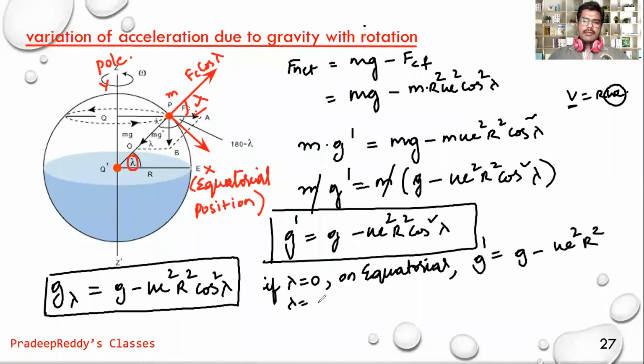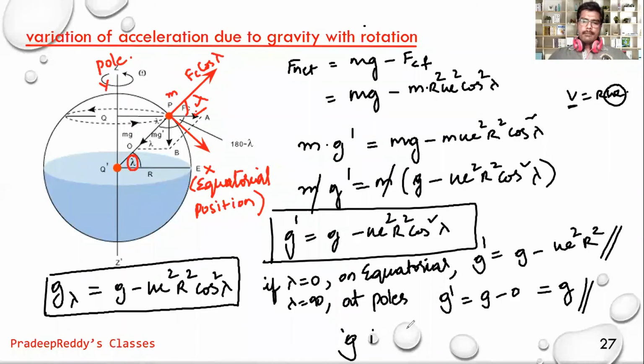If lambda is equal to 90, that is at the poles, g dash will be equal to g minus 0, which is equal to g. Therefore, at the poles, acceleration due to gravity is maximum, and at the equatorial, acceleration due to gravity is minimum.